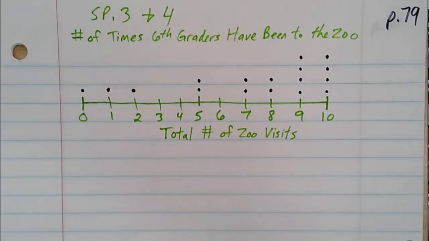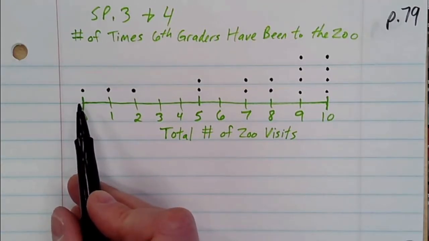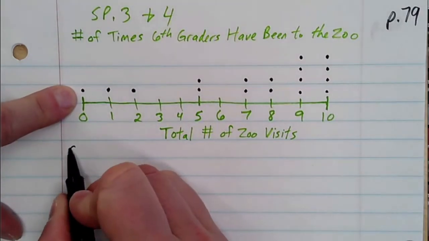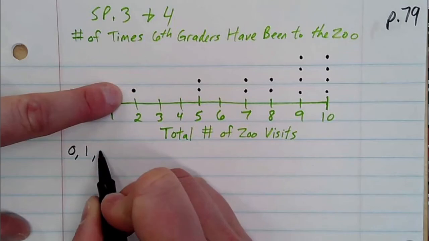And the questions that they're asking are mean, median, mode, range, and I'm going to add interquartile range as well. So we need a space here. We're going to use this line right here to figure out how many dots we have. First off, we have a 0, and then a comma, and then we have a 1. Then we have 1 on 2.